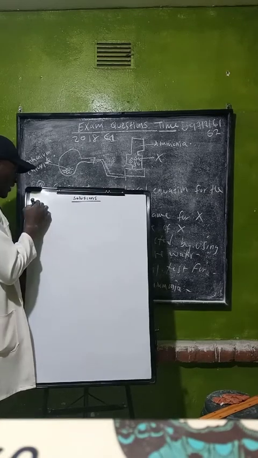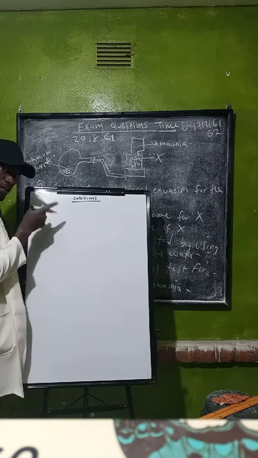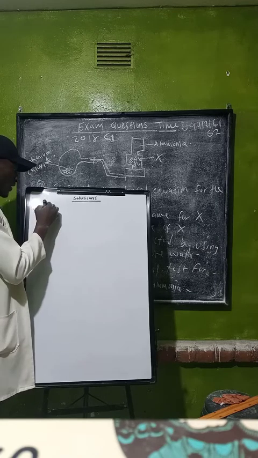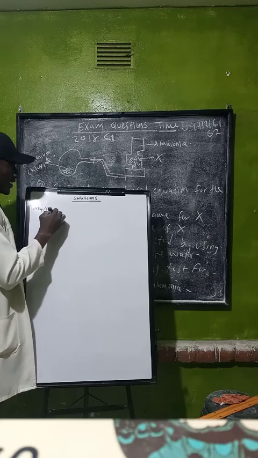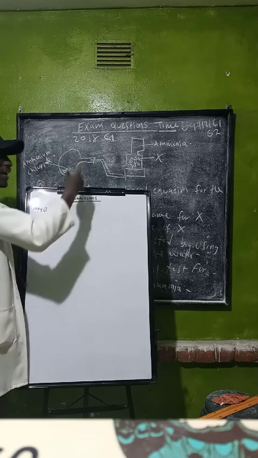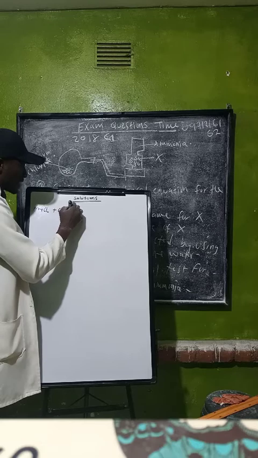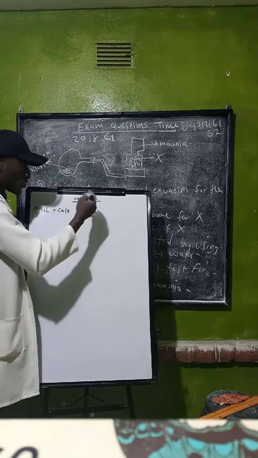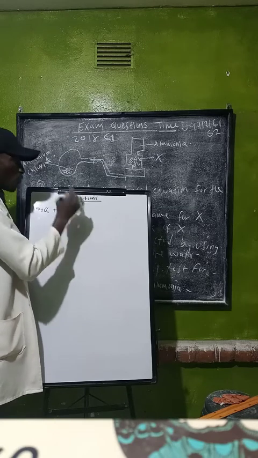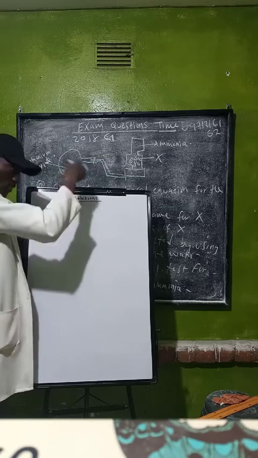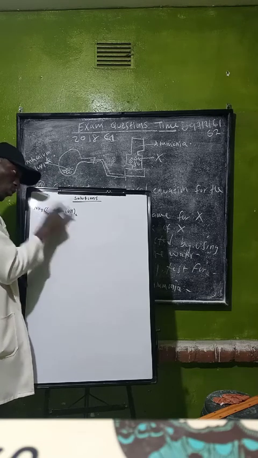So ammonium chloride is NH4, that's ammonium, Cl is chlorine, plus calcium hydroxide. Hydroxide is a radical with a valence of 1, calcium valence of 2. So cross it over. So there's a 2 here because calcium's valence is 2.